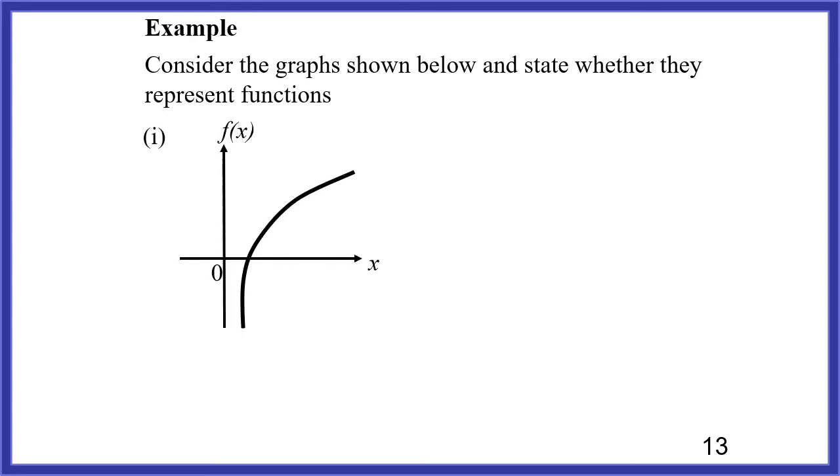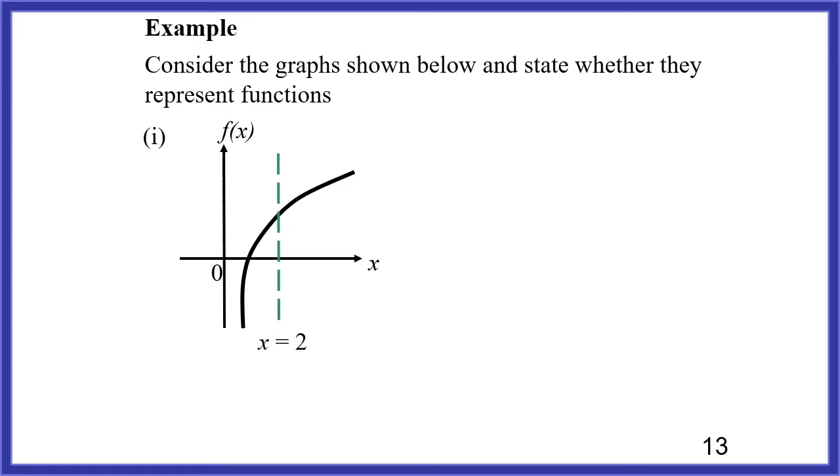Okay, so this is a graph. You don't know what type of graph this is, but to show whether it represents a function or not, what you need to do is use the vertical line test. The vertical line should be parallel to the y-axis. So this is your y-axis.